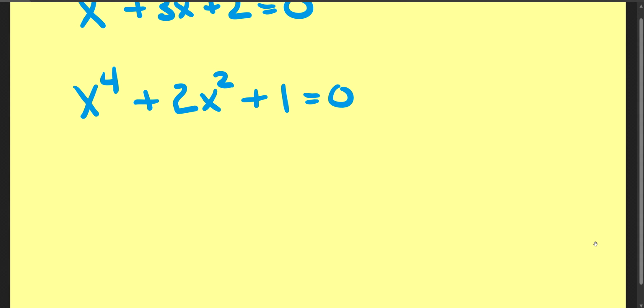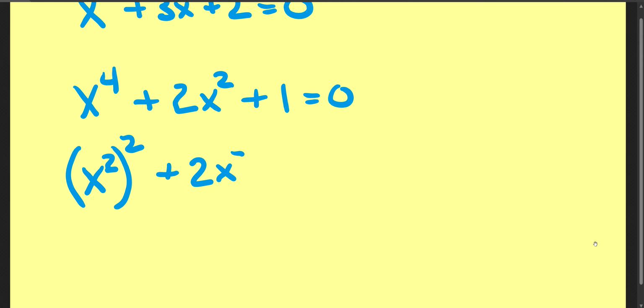The way I would rewrite that is x to the second power raised to the second power. Then I've got something that is raised to the second power, and the something is x to the second power. So then I've got plus the 2x squared plus the 1 equals 0.